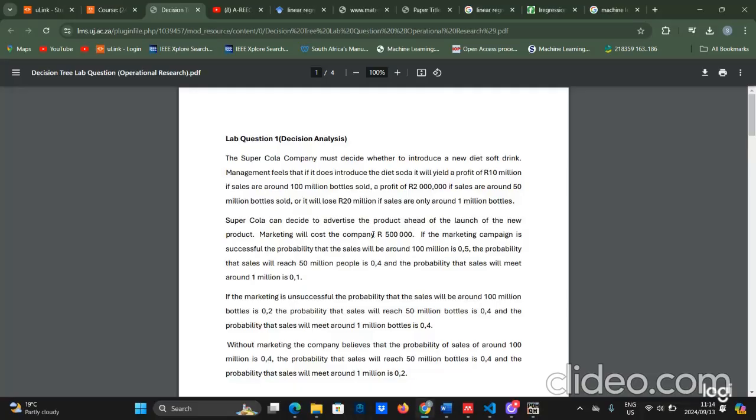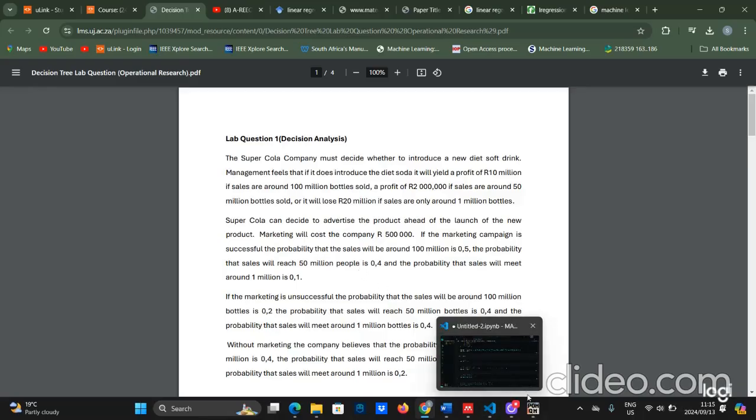Now, as you saw, they said if they do the advertising, the campaign can either be successful or unsuccessful. The advertising being successful or not is something that may happen or not happen.